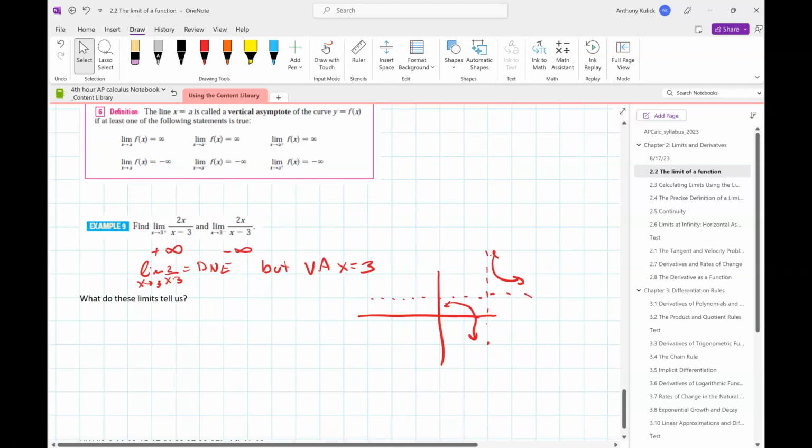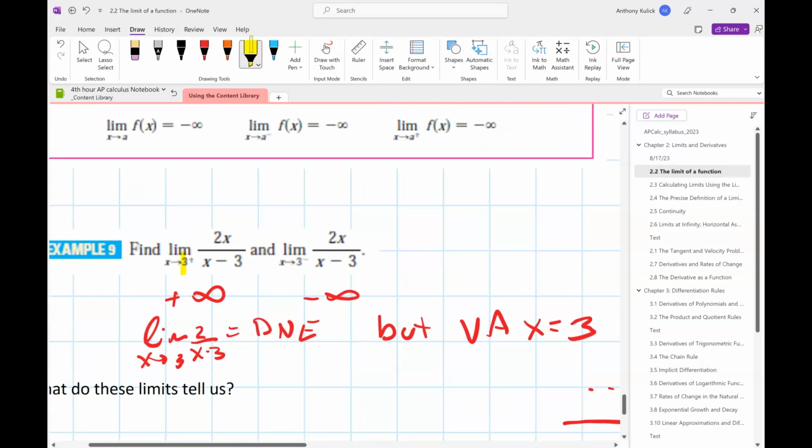And I just did that in my head. There's no reason that you could do that in your head right now. This is just Mr. Kulik thinking about it. The way I thought about this is I have a number bigger than 3. If I do x minus 3 with a number bigger than 3, I get a positive. If I pick a number bigger than 3 and put it in the top, I have positive.